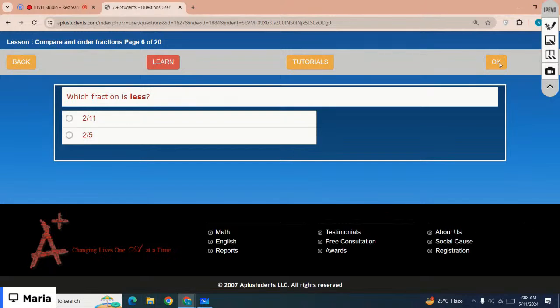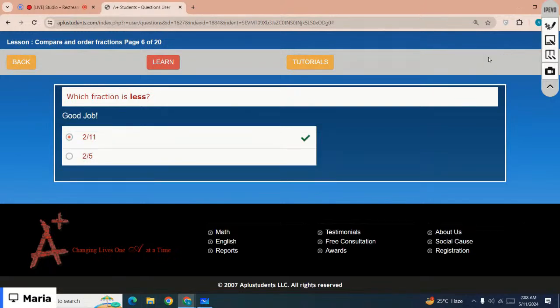Okay, which fraction is less, 2 by 11 or 2 by 5? The correct option is 2 by 11 is less than 2 by 5. The correct option is 2 by 11.